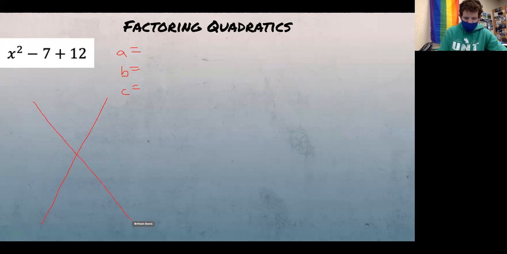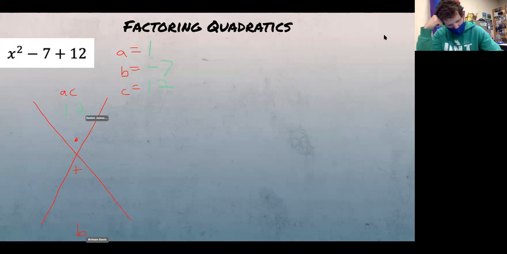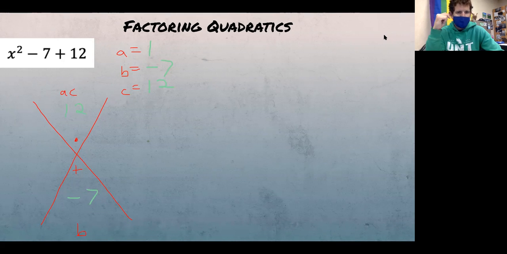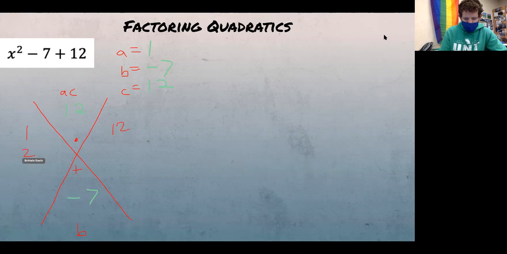You can even start filling in our big X. There it is. So let's come up with all the factors of 12, starting with 1 times what? 2 times, and then 3 times 4. And I know that's where I can stop.